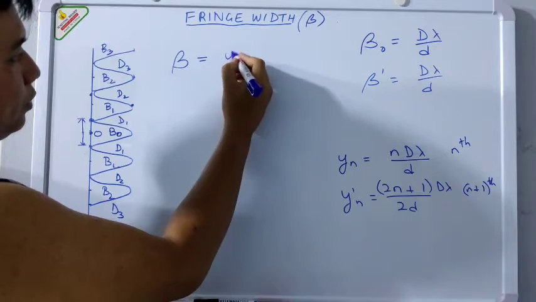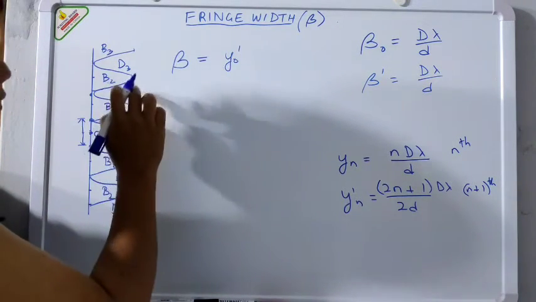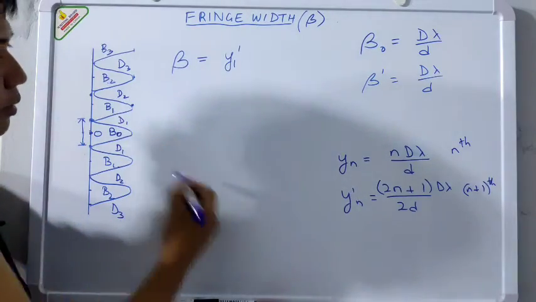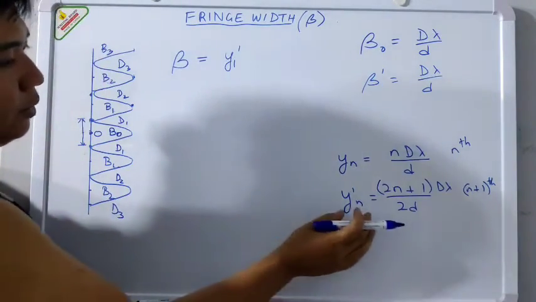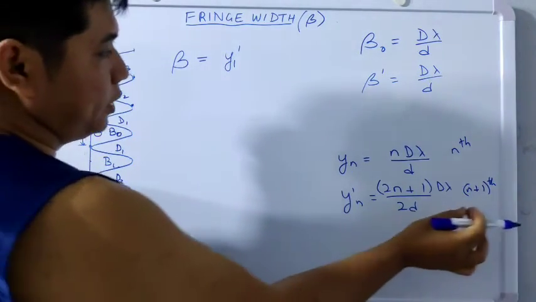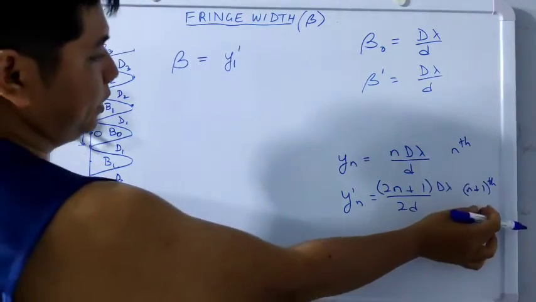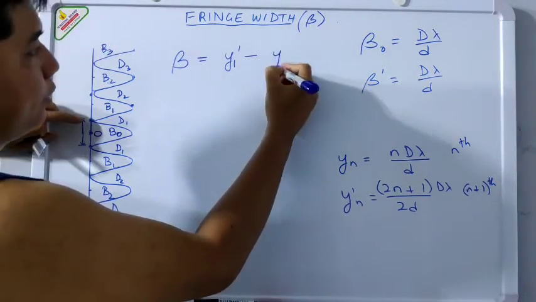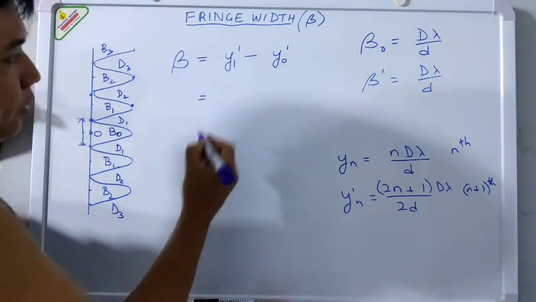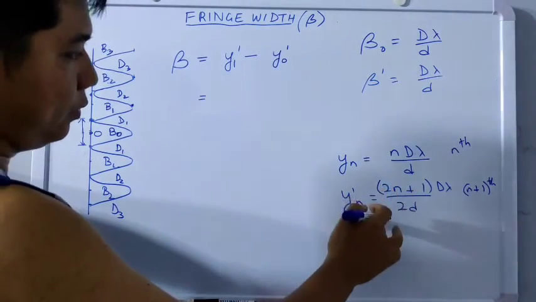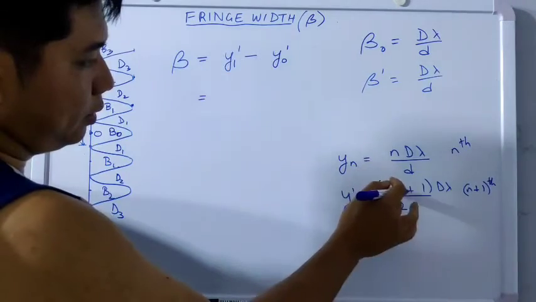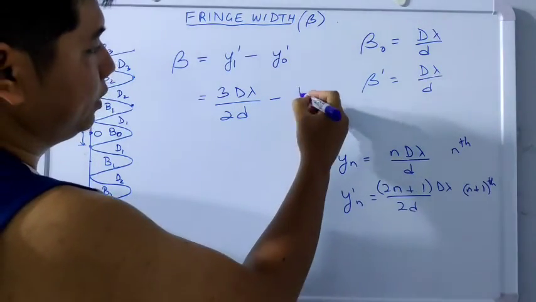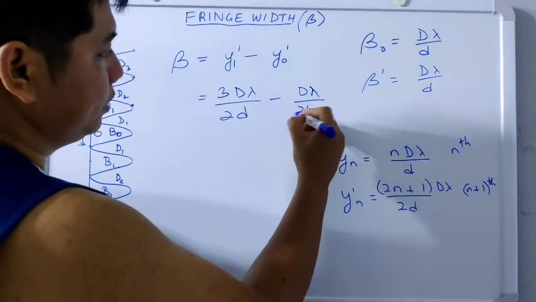Position of D1 is y dash 0, and position of D2 is y dash 1, since it is n plus 1 for n. So y dash 1 is 3D lambda by 2d, and y dash 0 is D lambda by 2d.